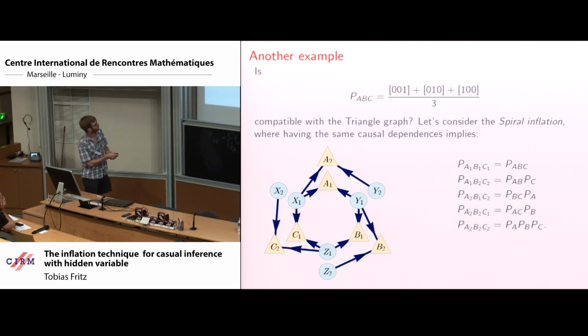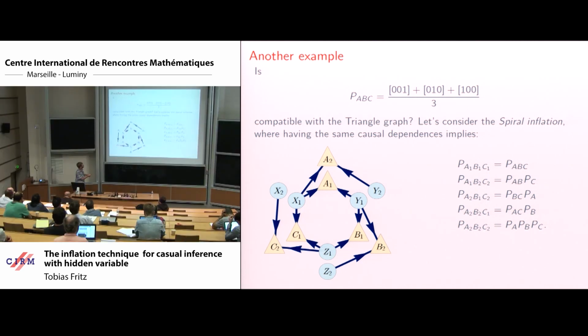So that means the A1, B2 joint distribution is independent of C2. But each of these two individually, say A1, B2, is again just part of the triangle, so it's the same as in the original one, and C of course as well. And so now continuing like this, we find that we can express these 5 marginal distributions in terms of the things that we know.